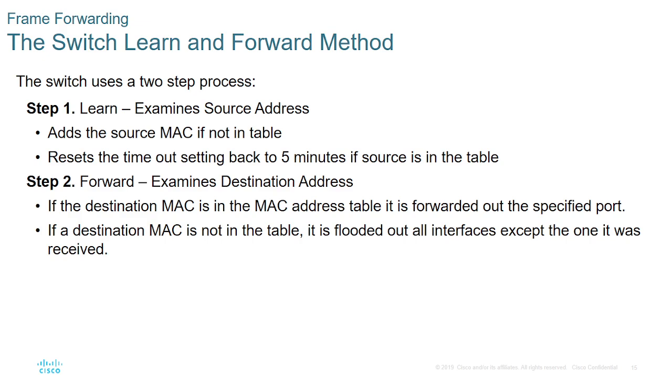If the destination MAC address is in the MAC address table, it is forwarded out on the specified port. If the destination MAC address is not in the table, it floods out on all the ports apart from the port it was received on. So it tries to find the destination by flooding out onto all the ports. And normally in this case, if a PC receives a frame whereby its address is in the destination part, it will process it and reply to the sender.